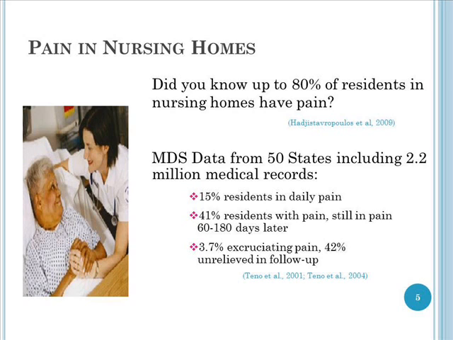Of those with pain, what was sad was that 3-4 months later, 41% were still experiencing pain. And many of them that had excruciating pain, still not relieved in follow-up. So we really do need to focus on recognizing pain and then following up and making sure that we're providing effective treatment.